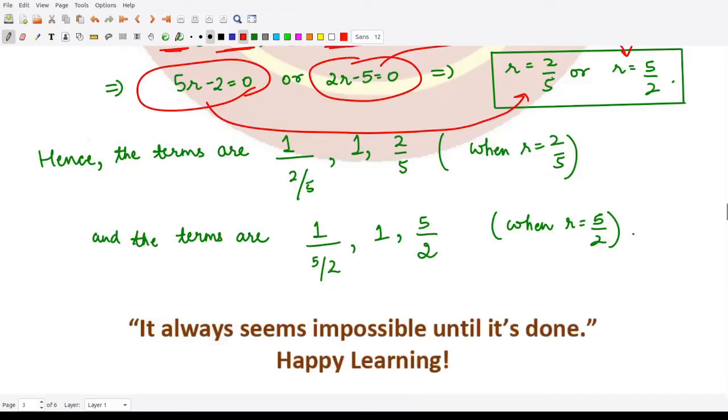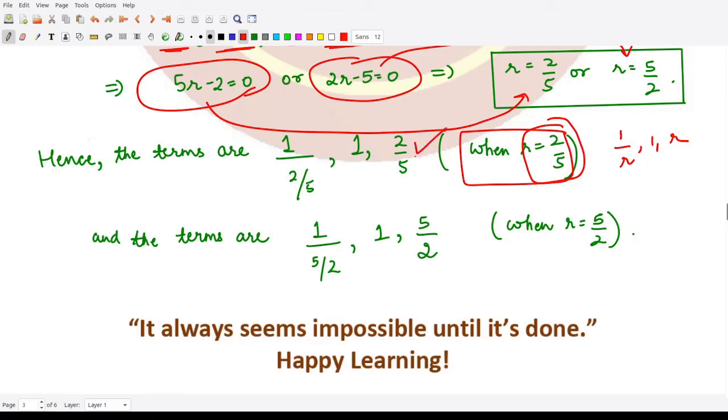The value of R could be 2 by 5. When it is 2 by 5, our terms, they were A upon R, A, AR. So because the value of A was 1, our terms would become 1 by R, 1 and R, right? So when you take the value of R as 2 by 5, it would become 1 divided by 2 by 5, 1 and 2 by 5.